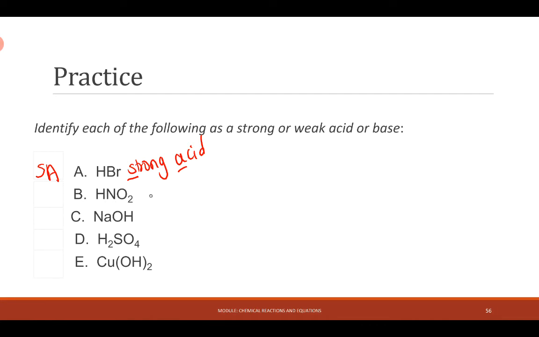HNO2 is not on the strong acid list. So it is a weak acid. We know it's an acid because of the H listed first.